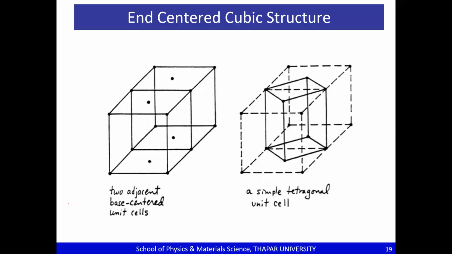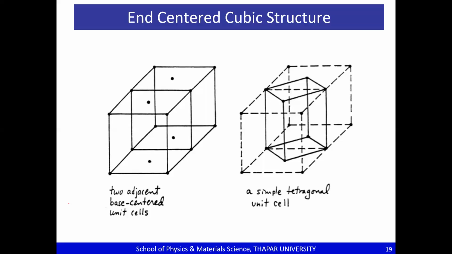What you can see in the middle of the right-hand image is that we have connected the face atoms of the 2 adjacent unit cells to each other, as well as to one of the corner atoms.